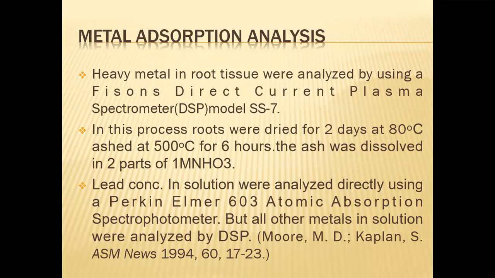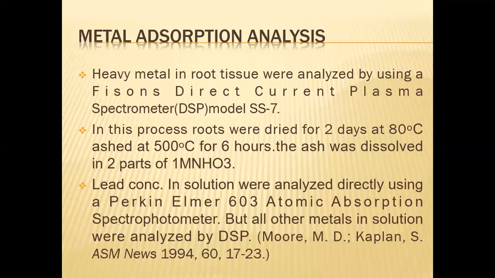Heavy metals in root tissue were analyzed by using a direct current plasma spectrometer, DCP model SS7. In this process, roots were dried for 2 days at 80 degrees Celsius, ashed at 500 degrees Celsius for 6 hours. The ash was dissolved in 2 parts of 1 molar nitric acid.